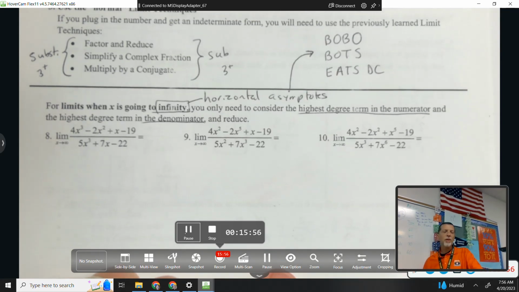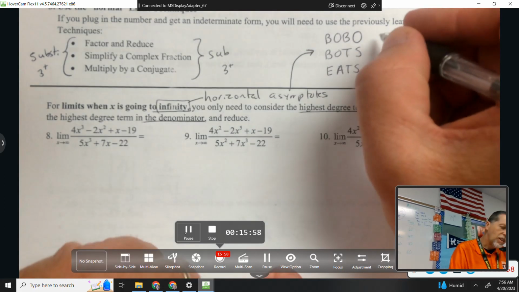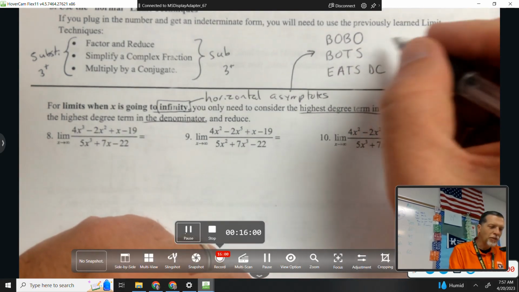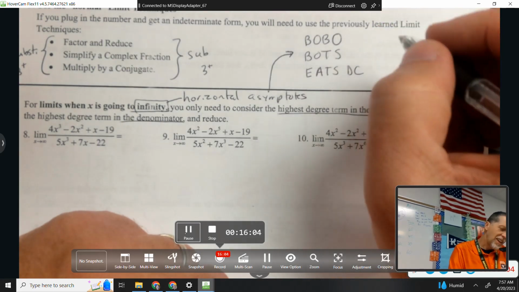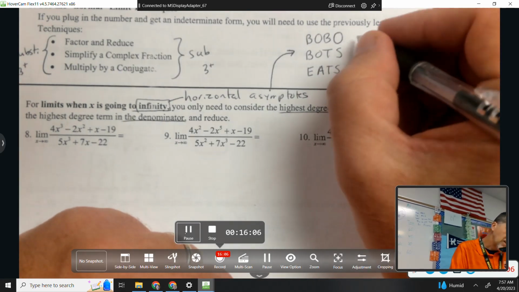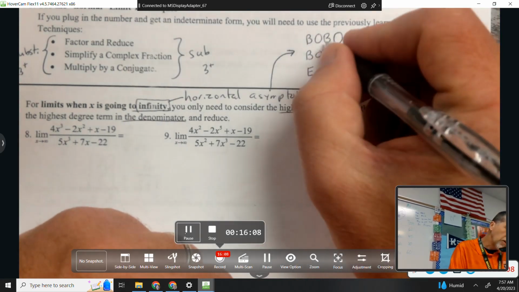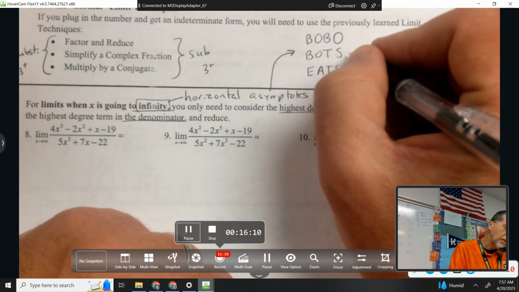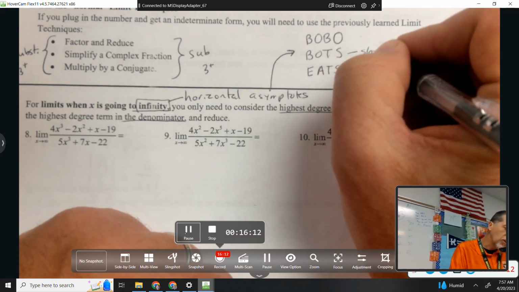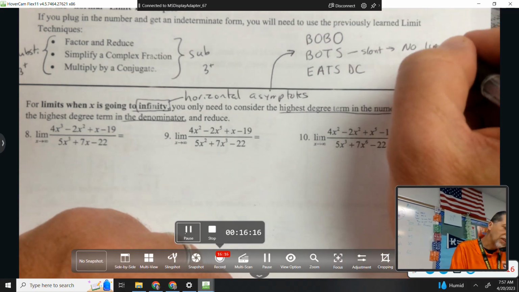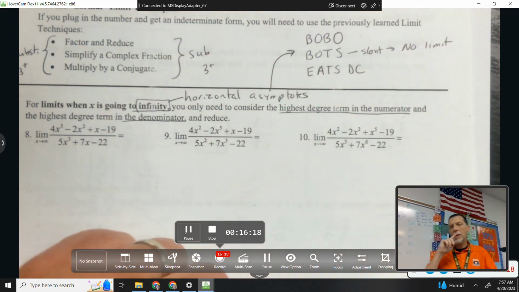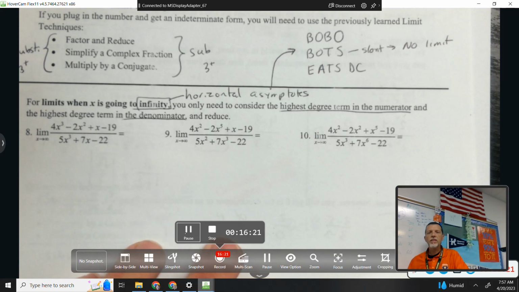Do you remember that enough, or do you need to write out the words for those? Bigger on bottom, 0. Bigger on top, slant, which means there is no limit, like it's going to infinity. DC, divide the coefficients.